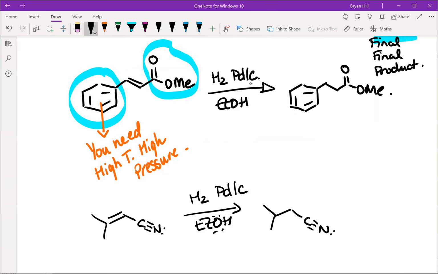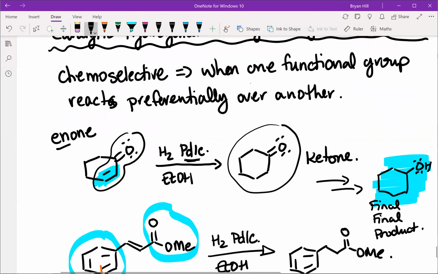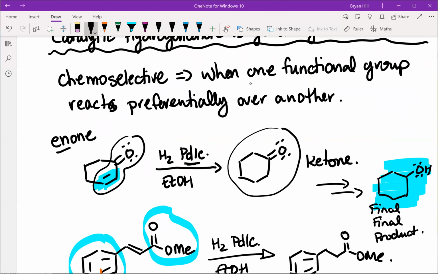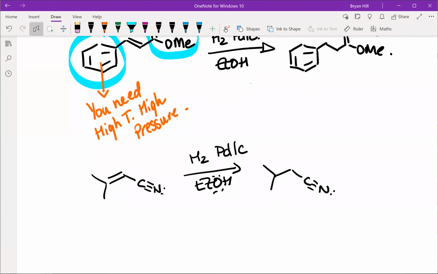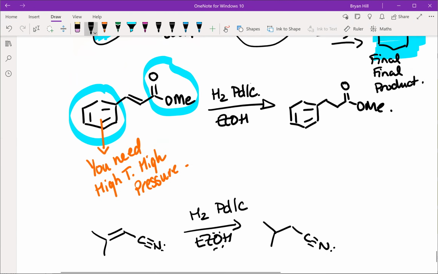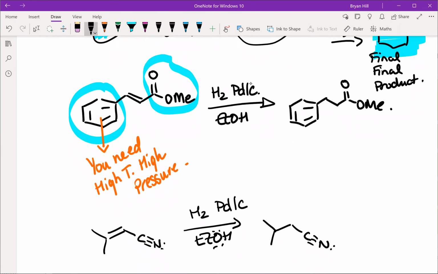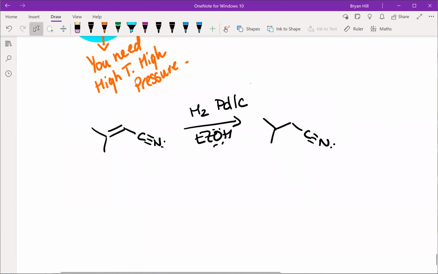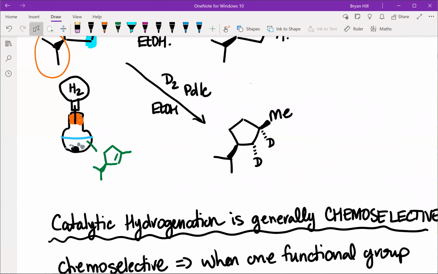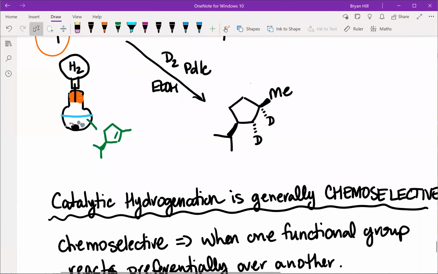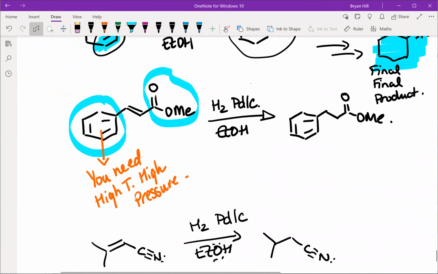So with monitoring and stuff, you can chemoselectively reduce the double bonds in the presence of other carbonyl groups, aromatic groups, and even nitriles. So it's a nice little reaction. And it's really easy to manipulate. As I said before, you just have a balloon with some hydrogen gas in it and puncture it through your septum and let it stir overnight, and you come back the next day and you would have produced your product. So that's good.